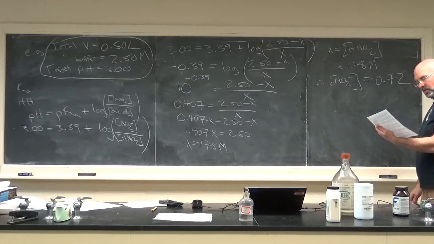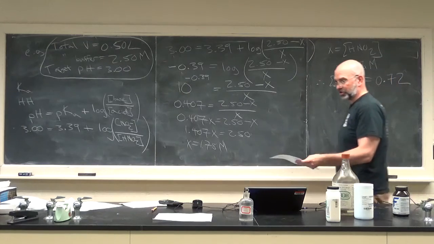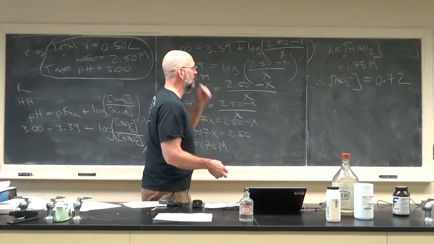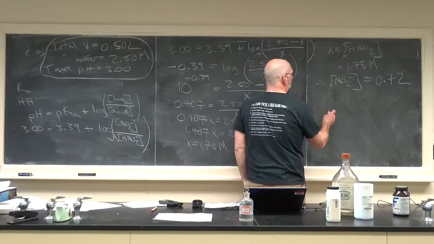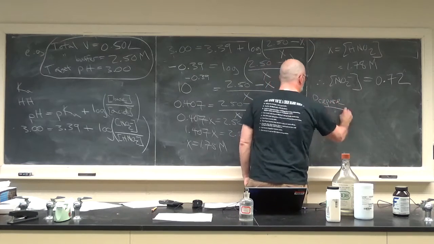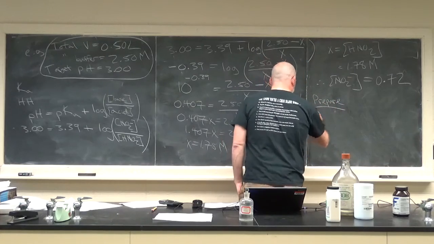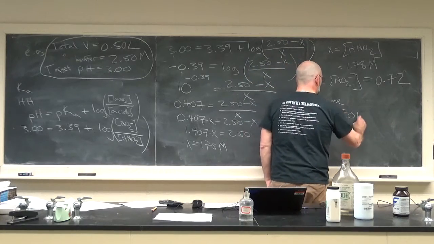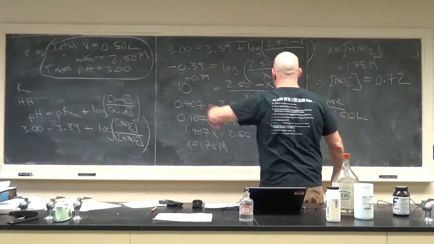Nice. Okay, I'm not going to do the solution prep calculations for you. So what does that mean? That means you need to prepare 0.50 liters, because that's the volume you're trying to make.